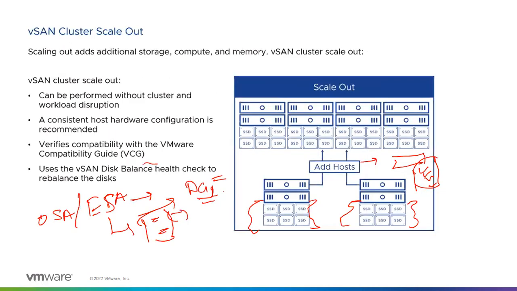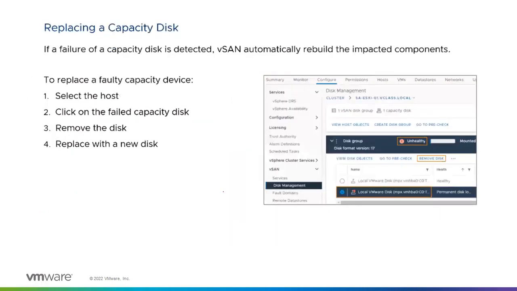All right. So now let us see how we replace a failed disk. A failure could happen on my capacity drive or the cache drive.